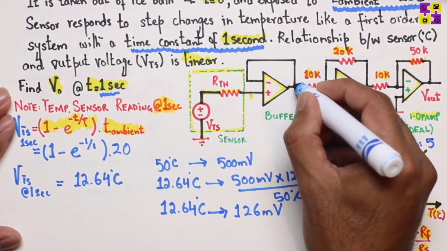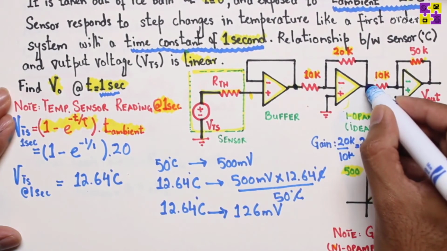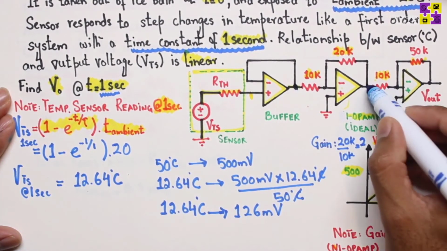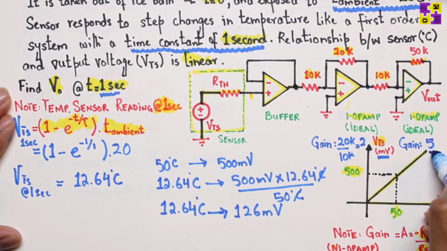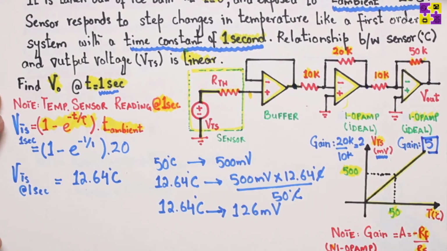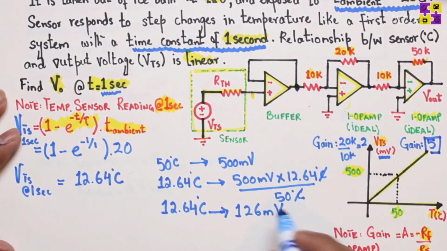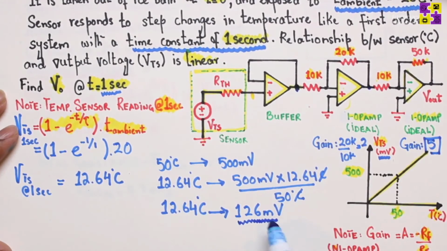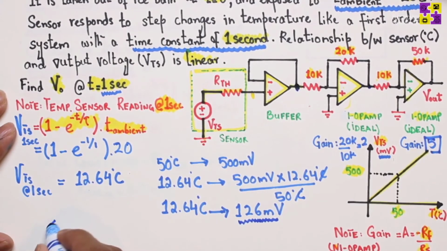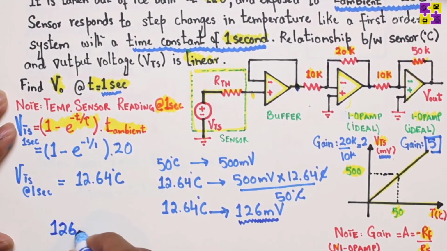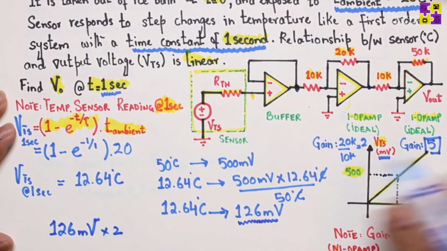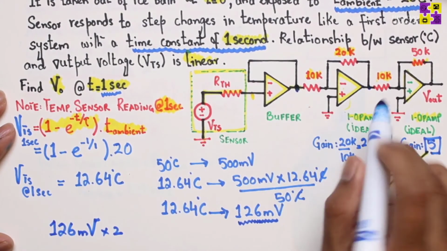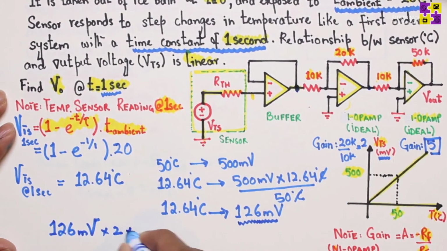So the voltage that you get over here gets amplified 2 times, and then this voltage is fed into another inverting amplifier, which is then amplified 5 times, correct? Okay, what is this voltage right here? Well, we just figured out that voltage is 126 millivolt. And all I need to do is to take this number right here and then amplify it 2 times first and then 5 times, because the two are arranged in cascaded series, correct? 2 times 5.